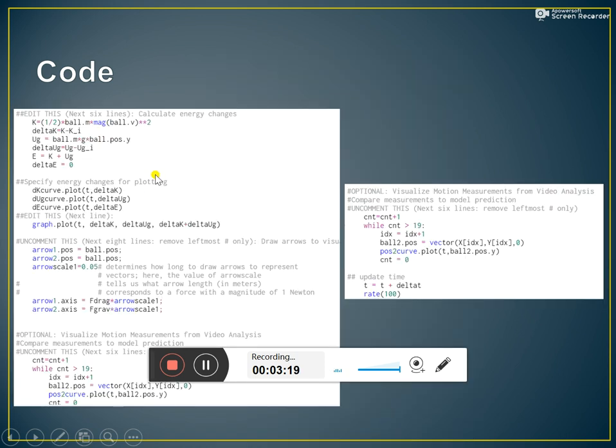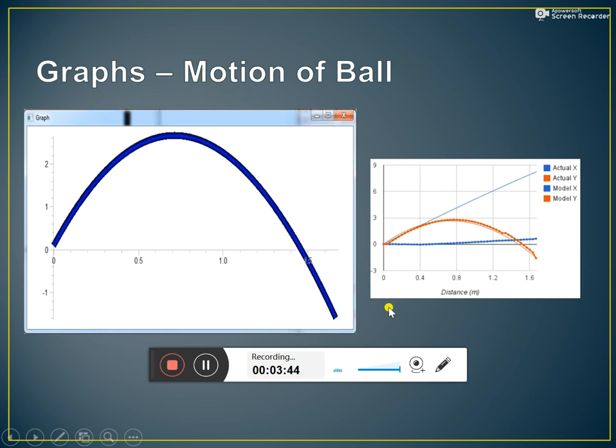And then after that, I had to calculate the energy changes, which I did by calculating the overall kinetic energy and then the delta K, which is the change in kinetic energy, and then the gravitational potential energy. And then I used the energy principle to show that the kinetic energy plus the gravitational potential energy. And then all these equations were used to graph and plot the different energies, which we can see over here.